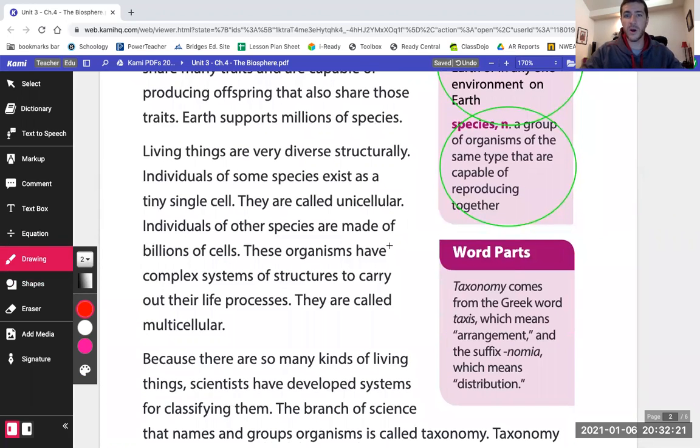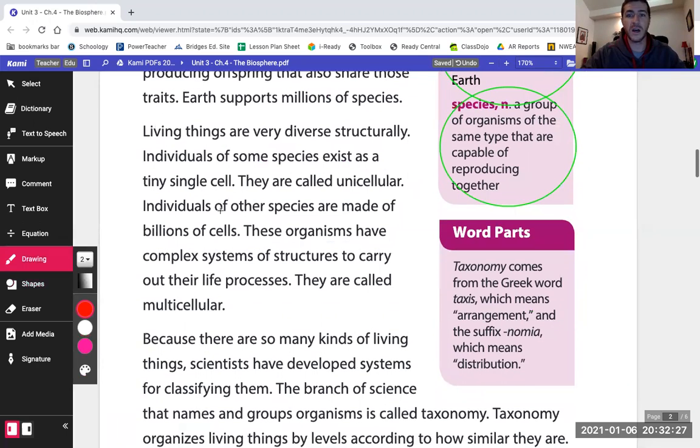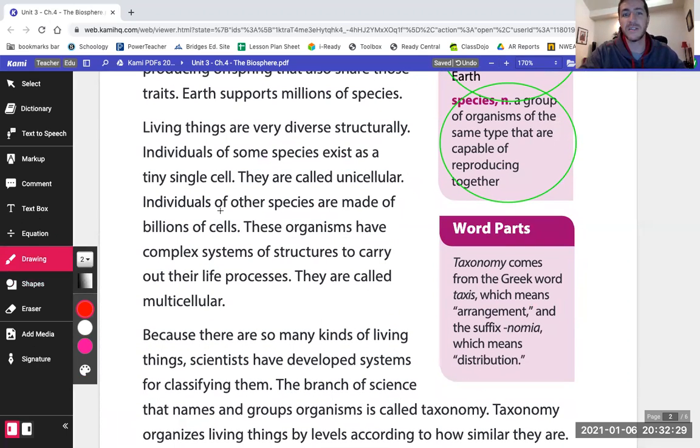Okay, but there are different types of living things. Individuals of some species exist as a tiny single cell. They are called unicellular. Individuals of other species are made up of billions of cells, kind of like Lego bricks for a building.